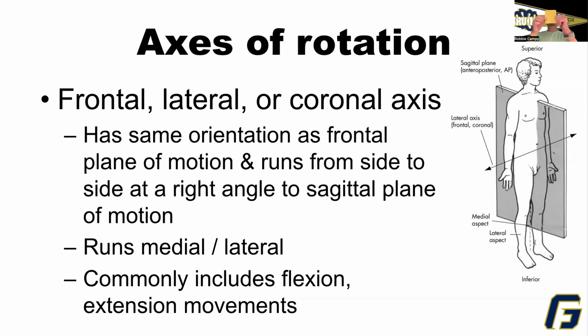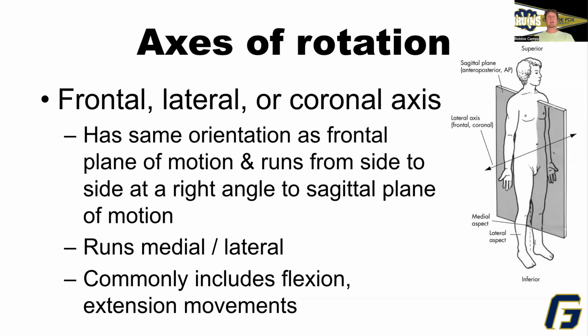If it had instead been a plane of motion that separated us from front to back, it was the frontal plane. So again, these are going to be the axis of rotation for flexion and extension movements that take place within the sagittal plane.